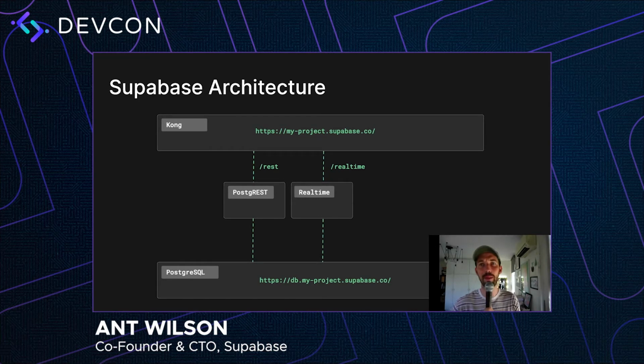And you can subscribe on a table level, on a database level, on a column level. You can do equality matches, and it's also secure, which I'll talk about when we talk about the auth endpoint as well.